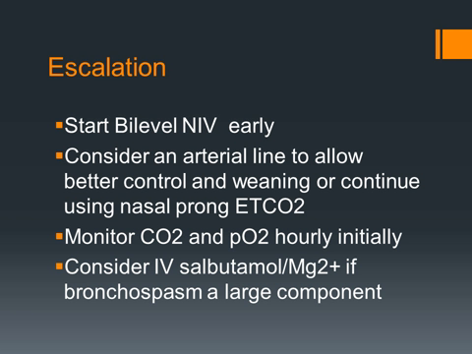You should monitor the CO2 and PO2 at least hourly initially. And remember that if bronchospasm is a large component, and in some patients with coexisting asthma this is a significant contributor, then consider increasing the medical therapy to include intravenous magnesium or salbutamol.